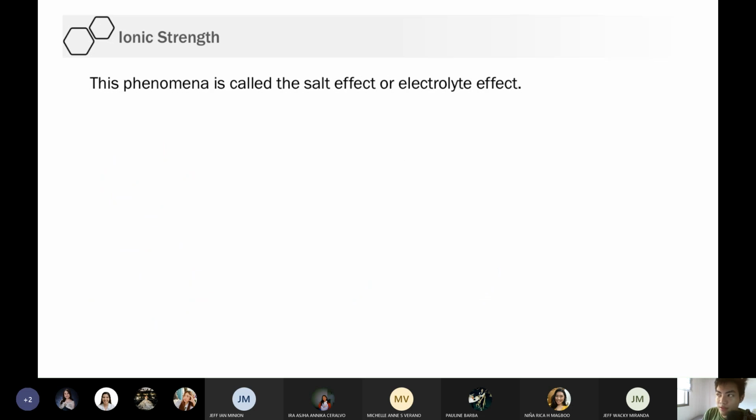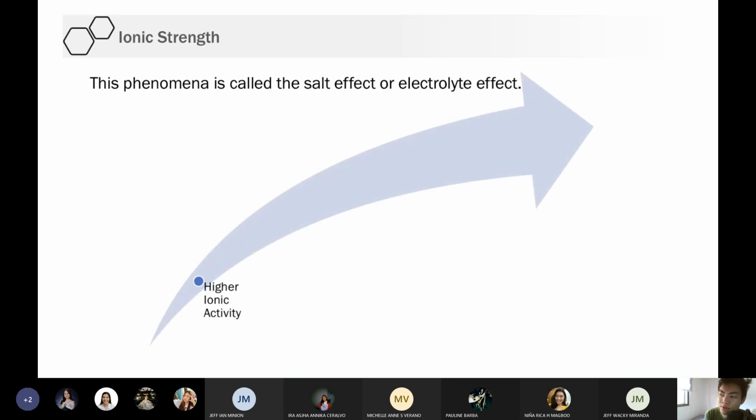This phenomenon is called the salt effect or the electrolyte effect. So in summary, if we have higher ionic activity of our solution, that means we have a high concentration of inert salts. More ions will start diffusing into the ionic atmosphere of our precipitate ions.